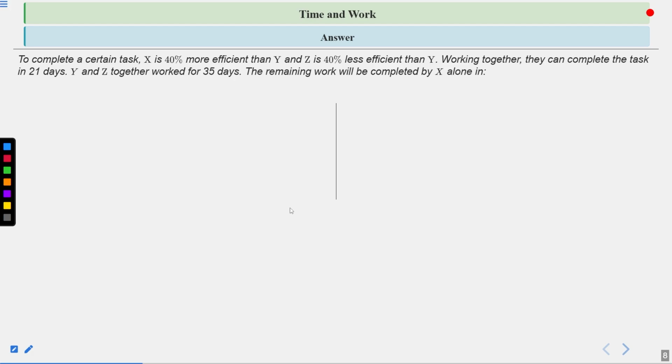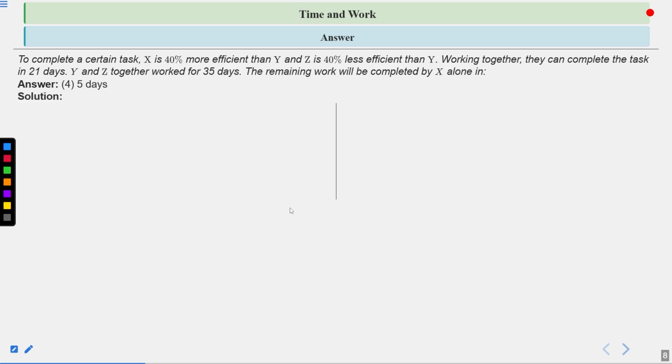So we add all the efficiencies of X, Y, and Z and multiply by 21 days, and then we get the total work. Now, Y plus Z together worked for 35 days. So we can also calculate the total work done by Y and Z in 35 days because we have the efficiency. Then the remaining work will be completed by X alone. So we can calculate it. The correct answer of this question is the fourth one, which is 5 days.